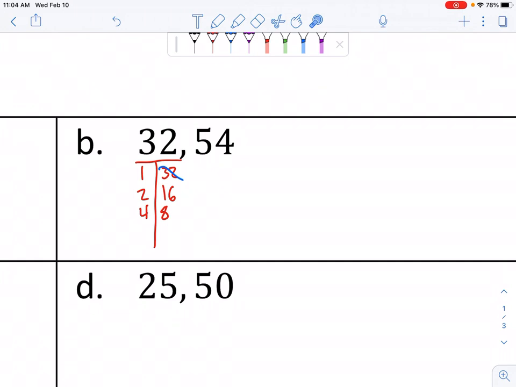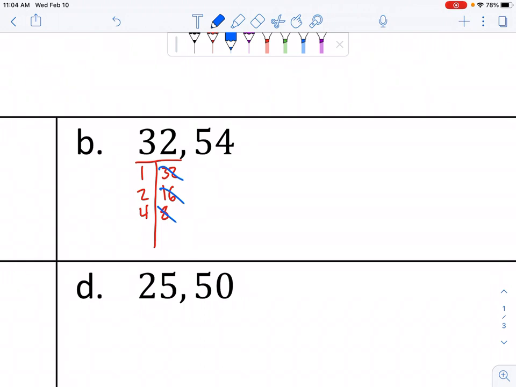You would just write 54 and then hit divided by, and then you could try your different numbers. So you could say 32 and that gets you a decimal, so it doesn't work. You could hit 16 and that gets you a decimal, so it doesn't work. You can press 8. Doesn't work. You get a decimal.